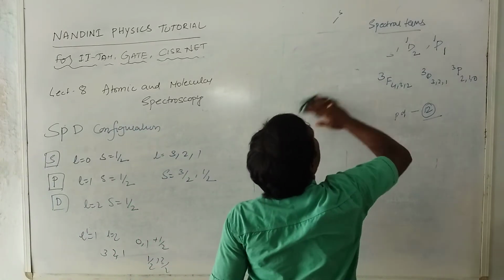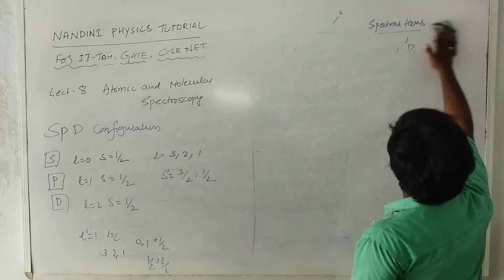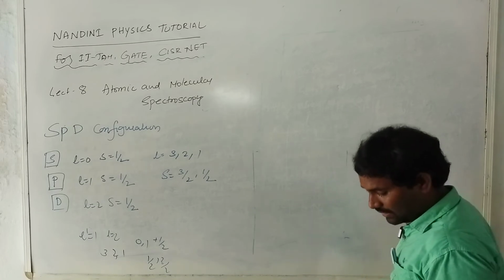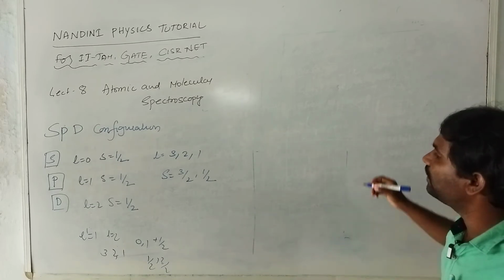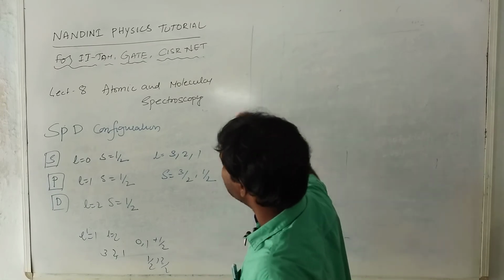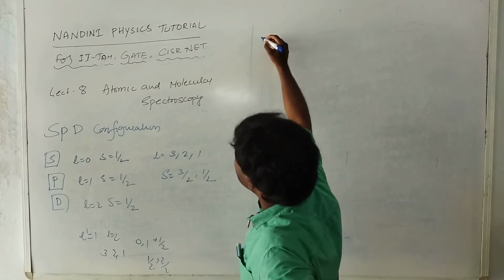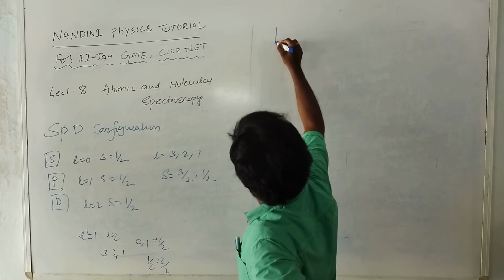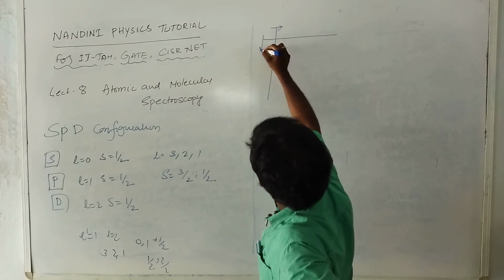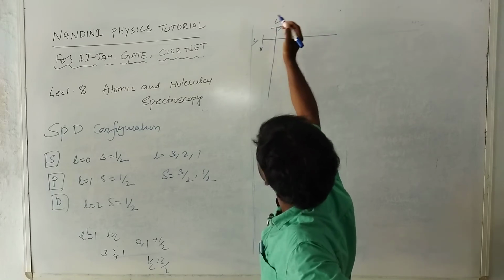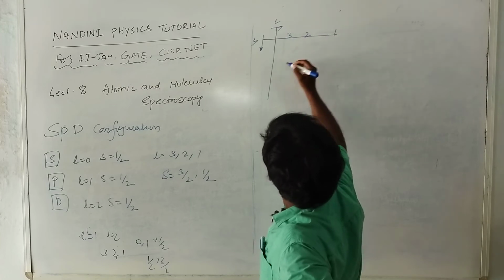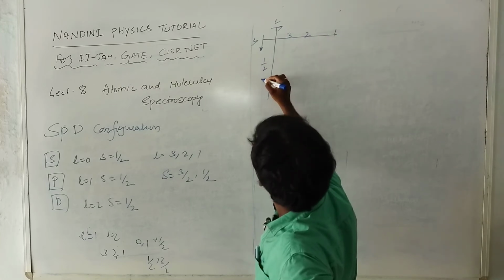So this is how you will find out the spectral terms for non-equivalent electron configuration, taking the SPD configuration. For that purpose I again consider this chart, with L values 3, 2, 1 and S values 1 by 2, 3 by 2.